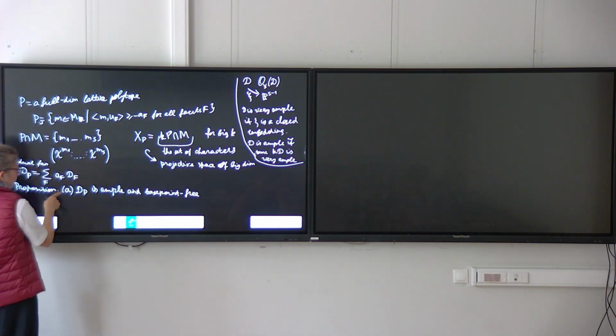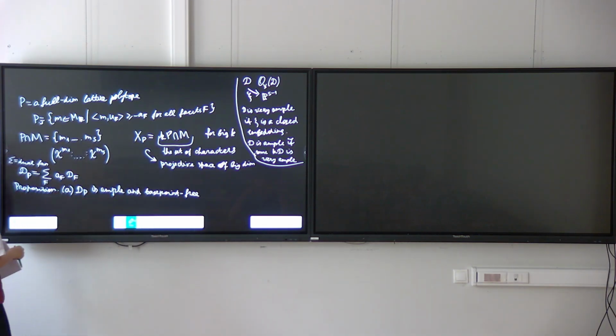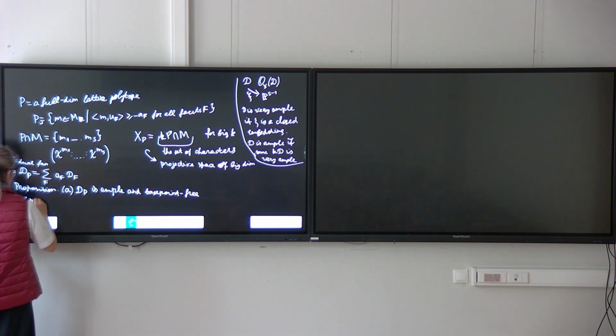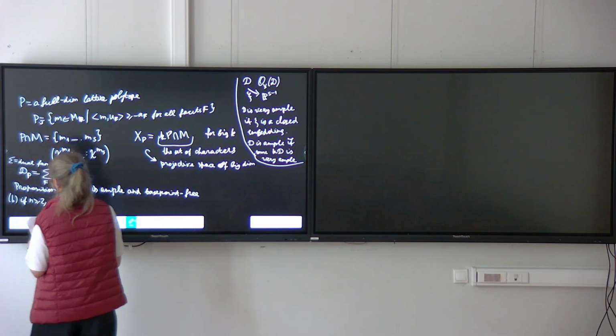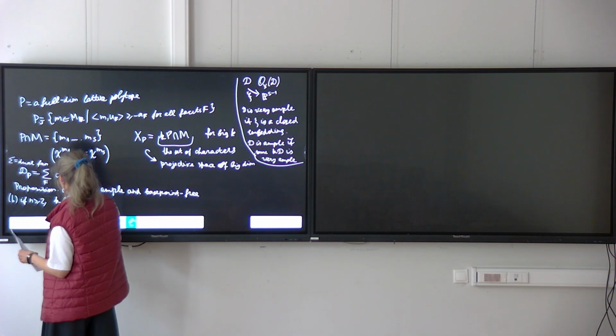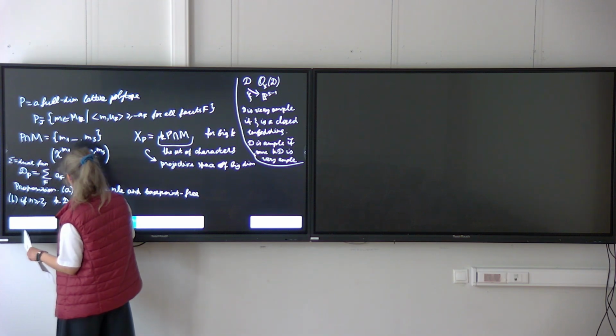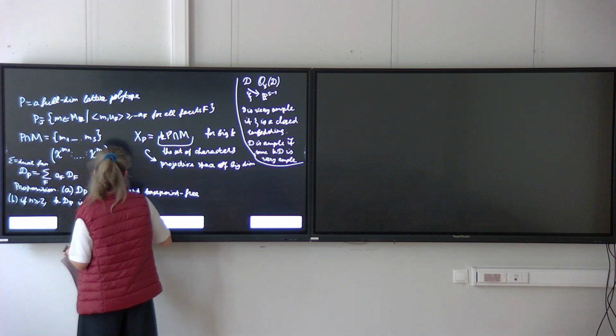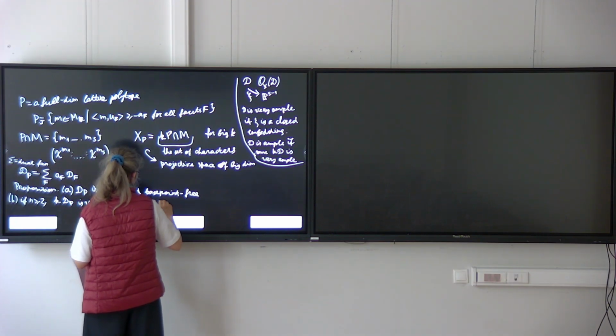Okay, proposition. If P is an n-dimensional lattice polytope and DP constructed as here, then it is ample and base point free. So it is interesting when n is at least 2. When n is 1, it is not interesting. Then K DP is very ample for K at least n minus 1.